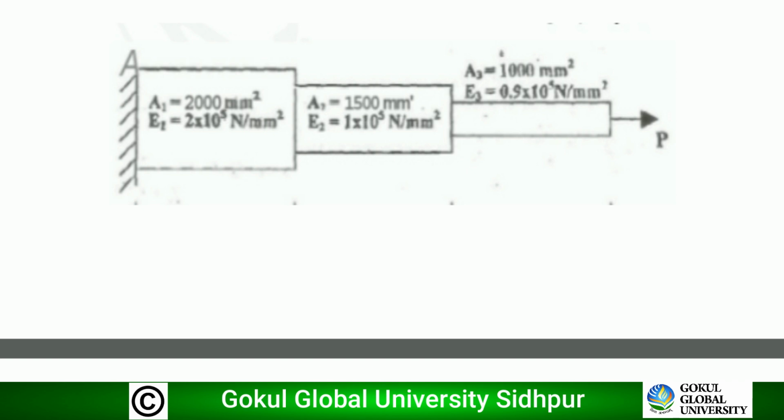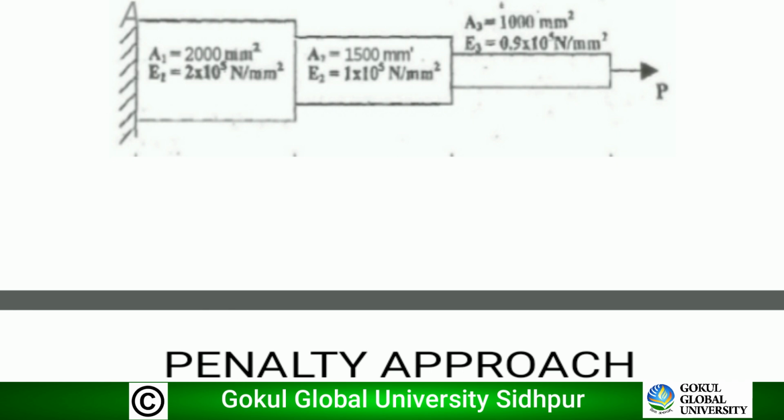Reaction forces exist only at the fixed nodes. Node number 1 is fixed, so R1 is minus C into Q1, and node number 3 is fixed, so R3 is minus C into Q3, right?